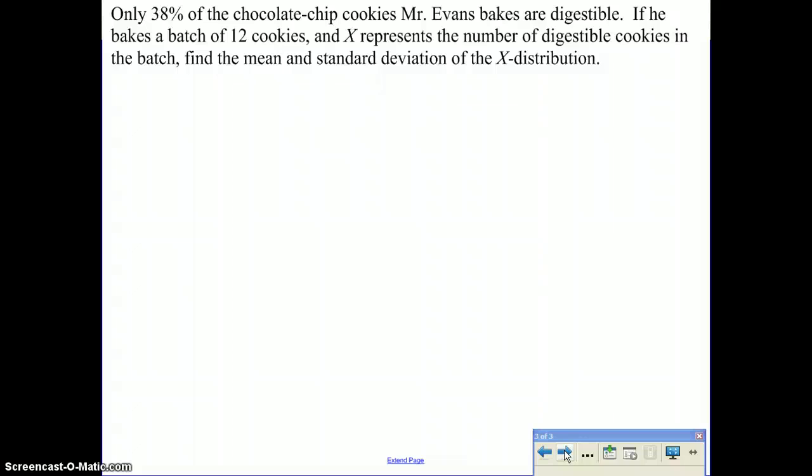And each trial is independent because whether or not one cookie is digestible does not impact whether or not another one is, assuming that I baked them randomly. So we've got the random variable x here being represented by a binomial distribution, wherein the number of trials is 12, and p, the probability of success, that it is in fact digestible, is 0.38.